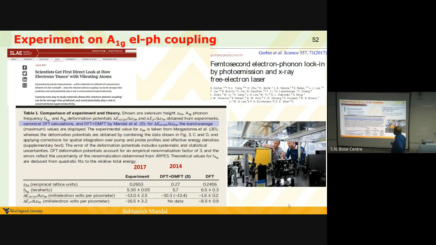So this really makes sense, because DFT does not even get the structure right, so the deformation potential must be completely wrong in that. Yes, absolutely.